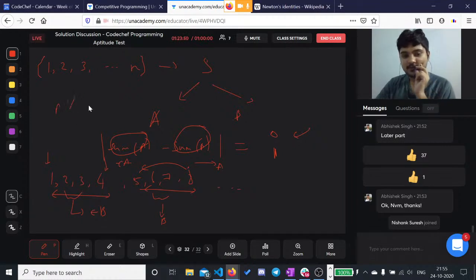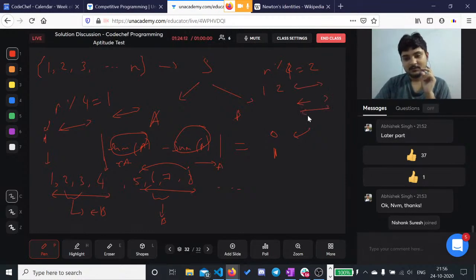If n mod 4 is 1, then just chuck out the first one and group the other 4. If n mod 4 is 2, then put 1 in A, 2 in B, and group every other 4 elements.